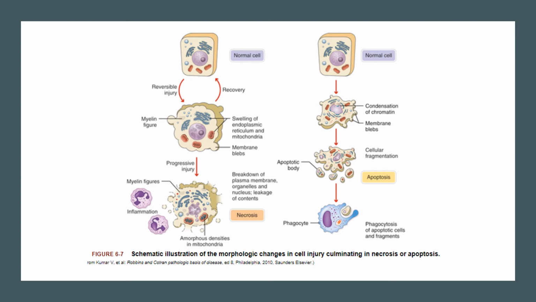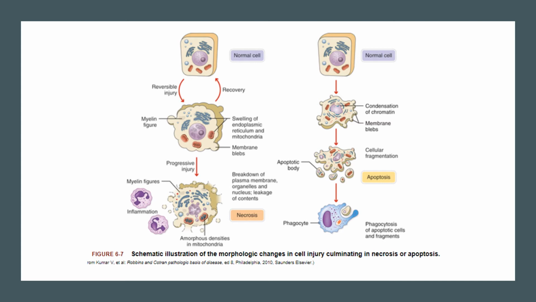In comparison to necrosis, with the progressive injury that's causing the necrosis, there's going to be some inflammatory response occurring, and the breakdown of the plasma membrane and other organelles is going to occur. The nucleus is also going to fragment and break down.